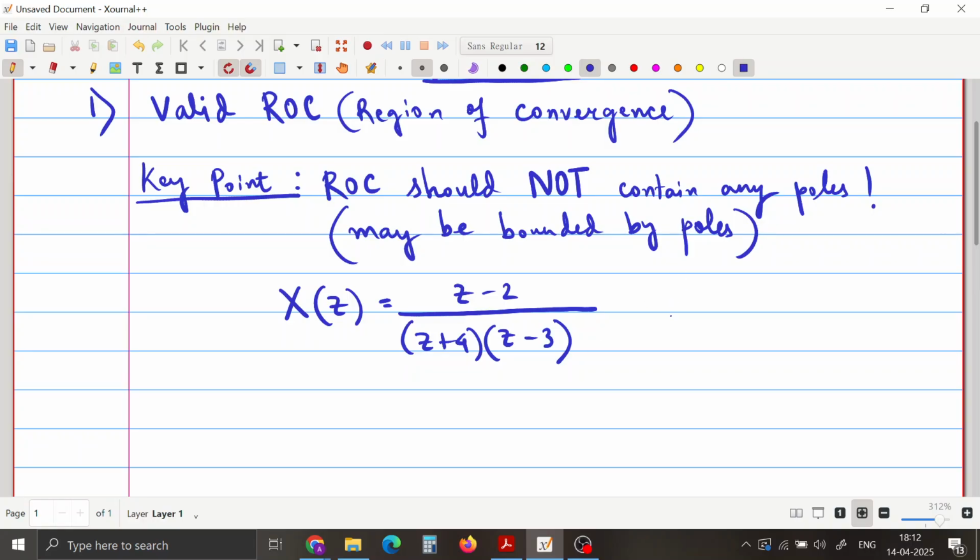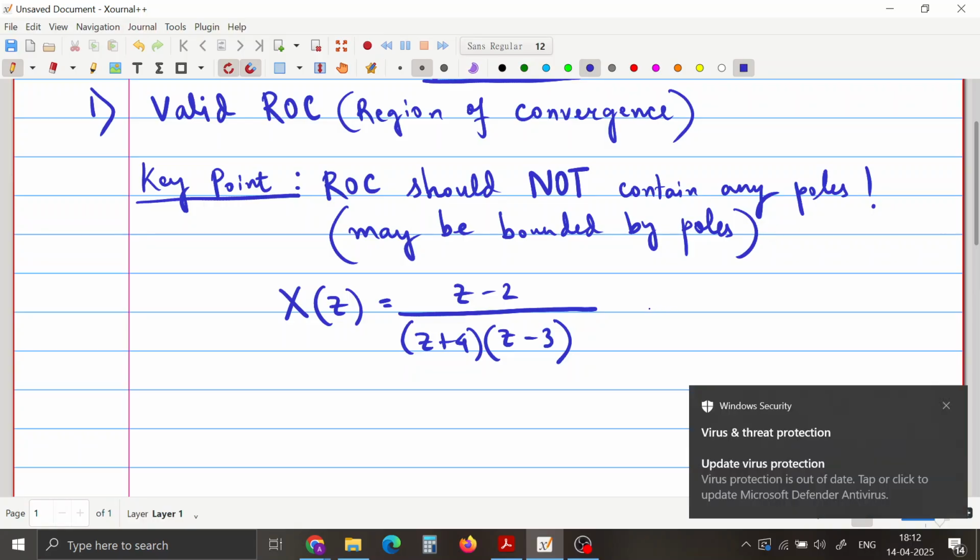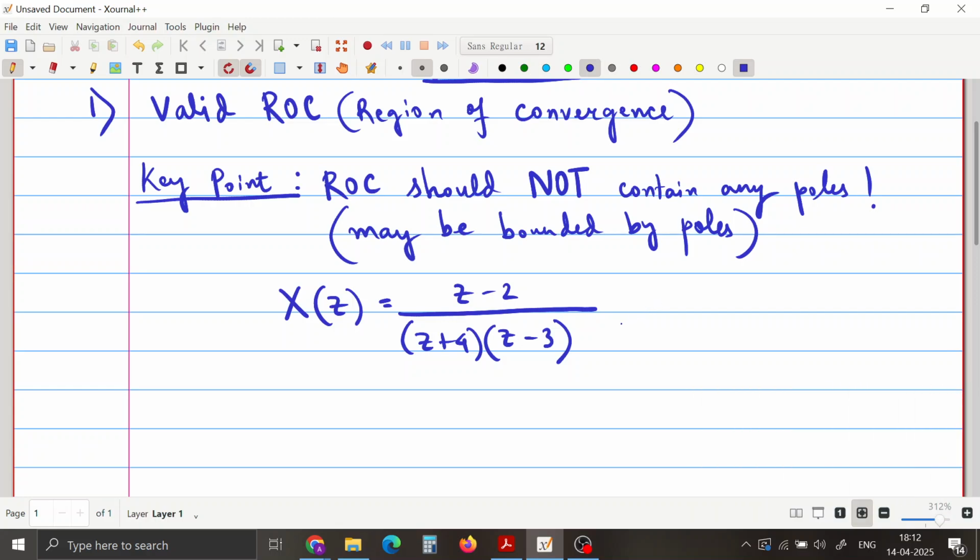So clearly, if I ask you what the pole locations are, I'm not really concerned about the zero location, although there is one zero present at z equals 2. I'll only focus on the poles. Where are the poles located here? If you find the roots of the denominator polynomial, the poles are at z equals minus 4 and z equals plus 3, right?